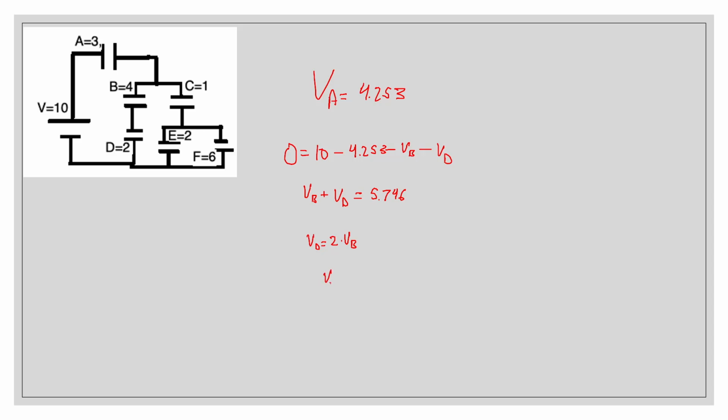So VB would end up being 1.92. VD would be equaling to 3.84, which are 1/3 and 2/3 of that. And this, by the way, would lead us to thinking that this had 7.68 coulombs and 7.68 coulombs, which we know is very close to the actual, which was what we calculated, 7.66, and it's the same for both of them.